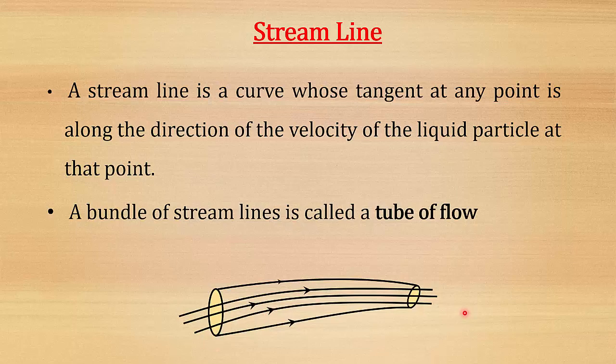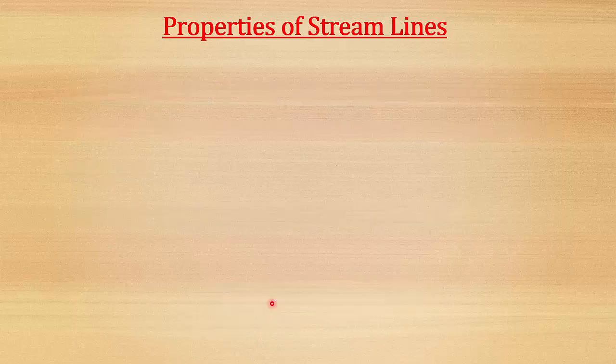The direction of velocity and the direction of the tangential line are both the same. A bundle of streamlines is called a tube of flow. So if I consider more than one streamline, we can call it a tube of flow. You can observe this diagram, 1, 2, 3. So these are a tube of flow.